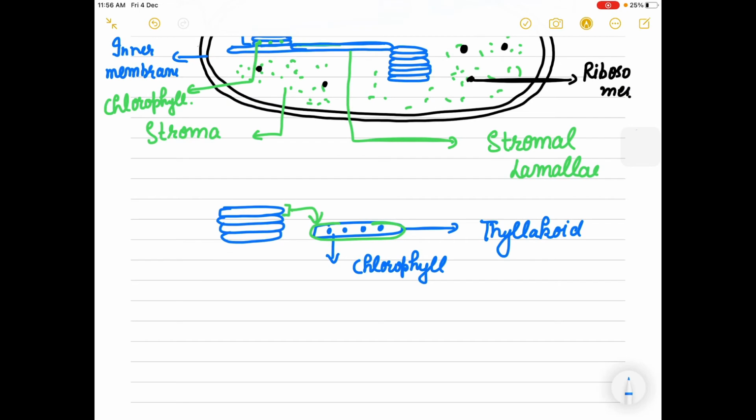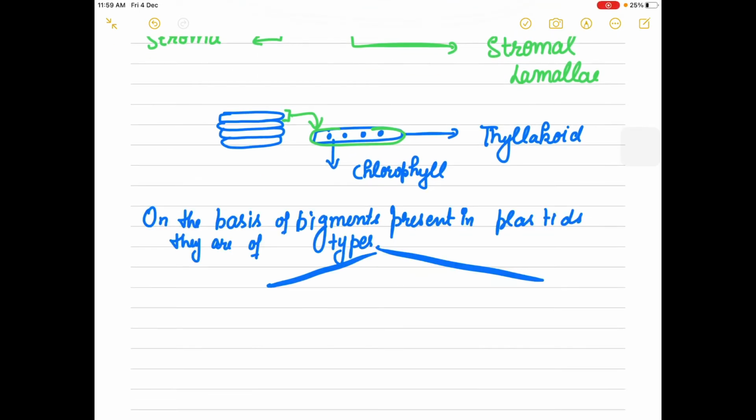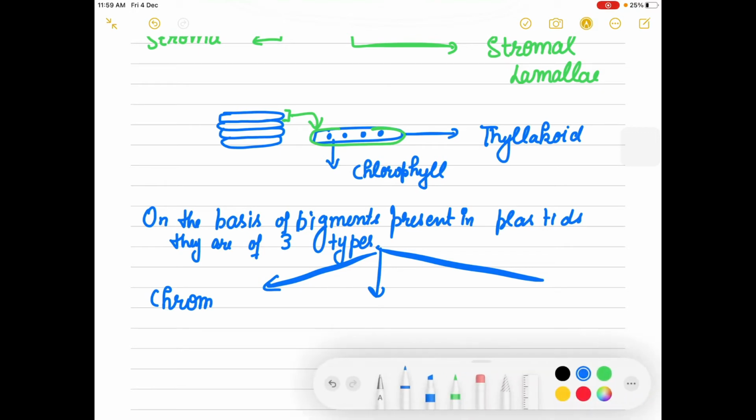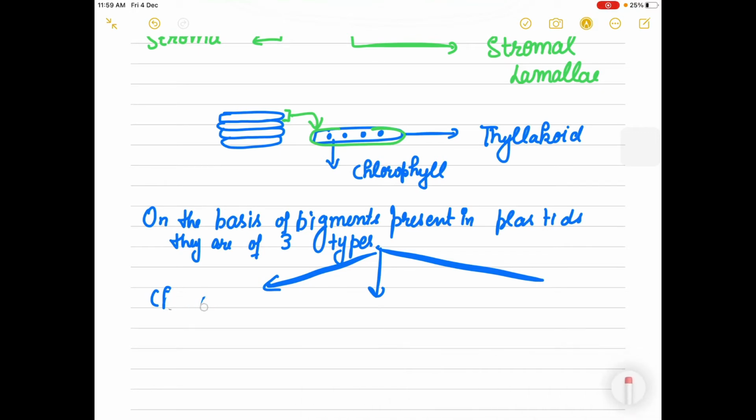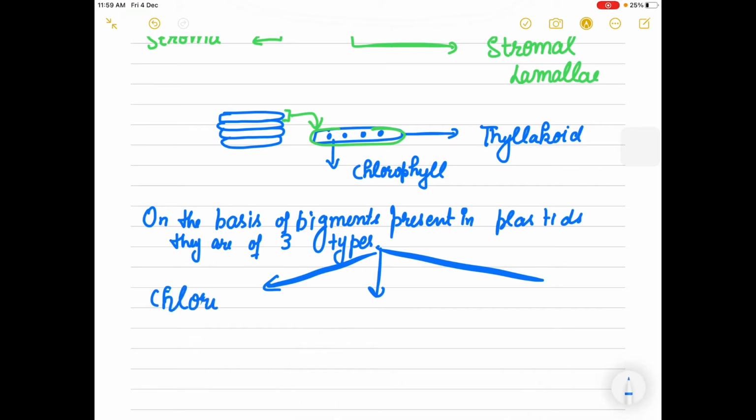Then plastids, as you know, are found in plant cells only, and on the basis of pigments present in plastids, they are generally of three types. I will classify them into the chloroplast, then chromoplast, and then the last one which is colorless, that is the leucoplast.